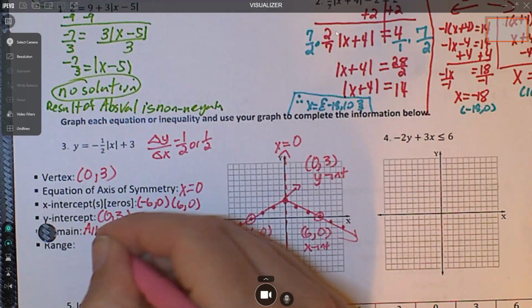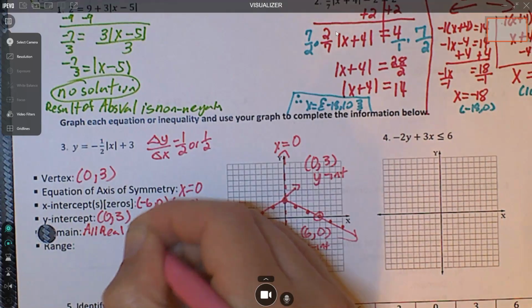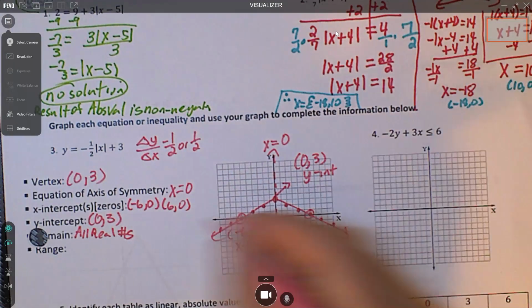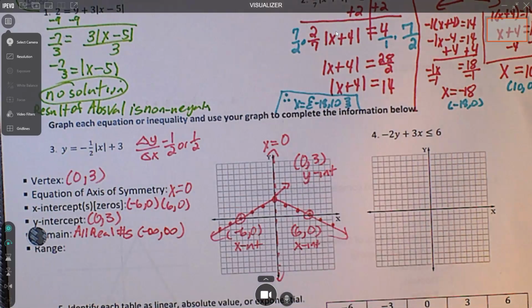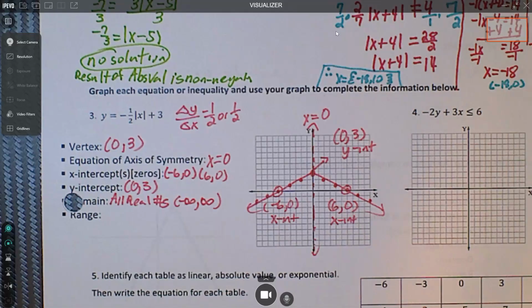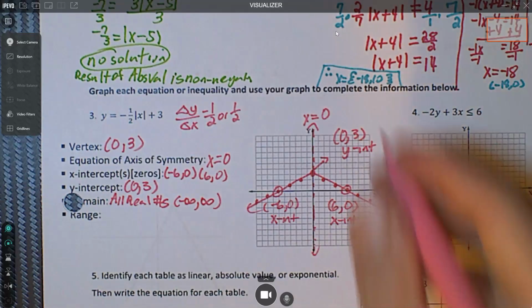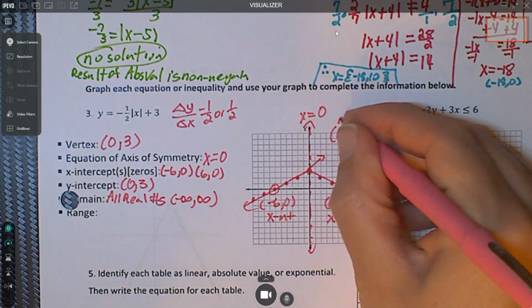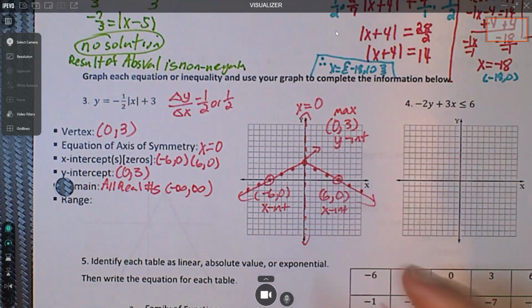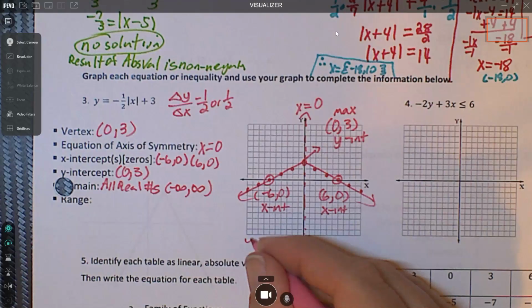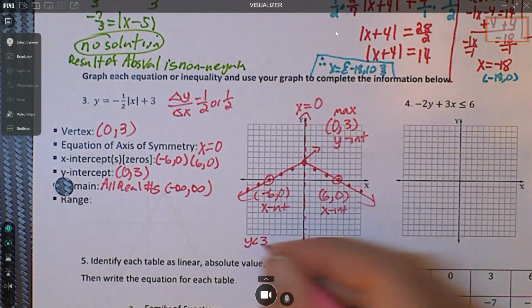Okay, we went left and right forever. All real numbers. The max here is 3. So if I go down, the y's are getting less than 3.